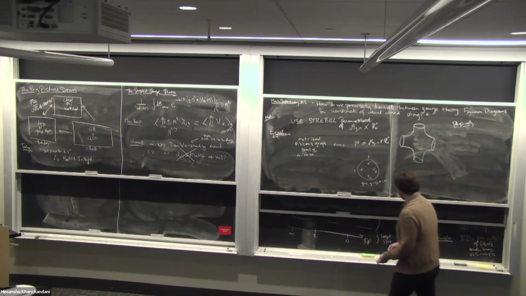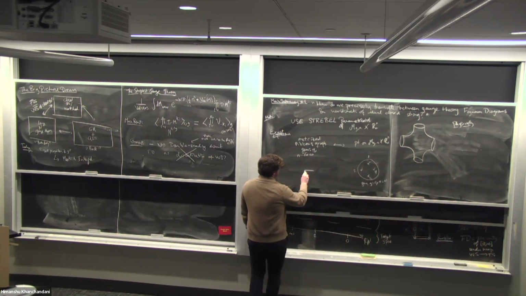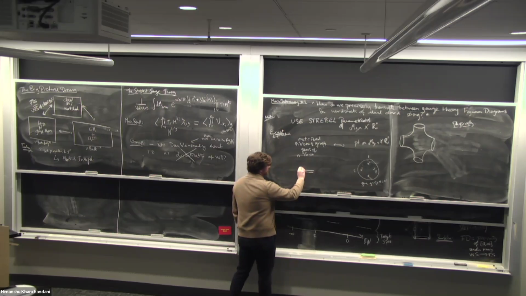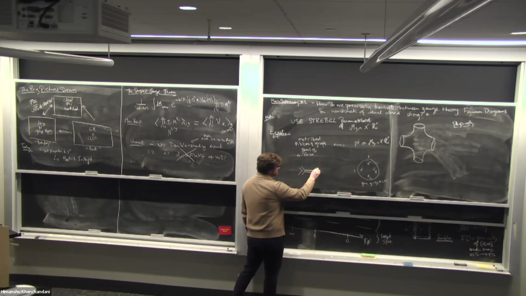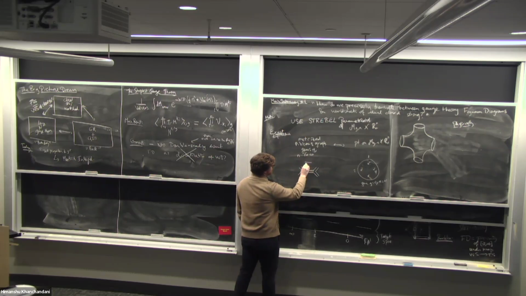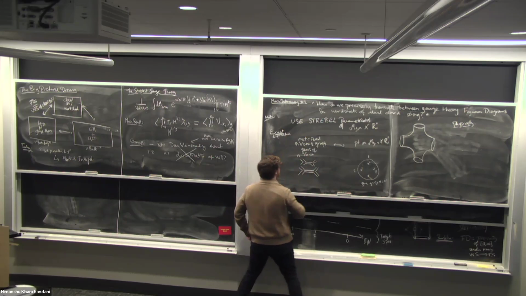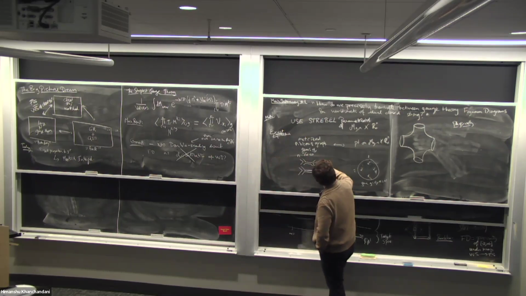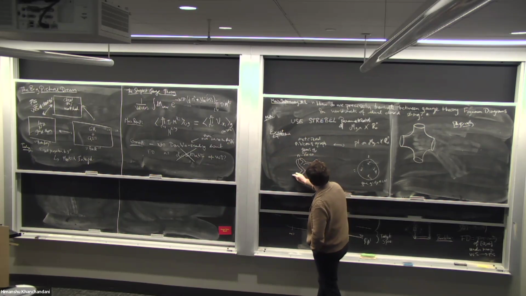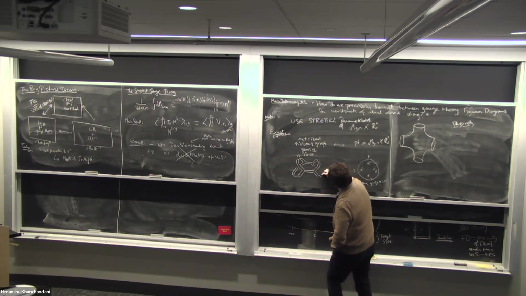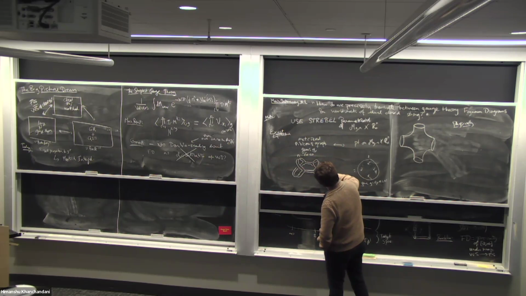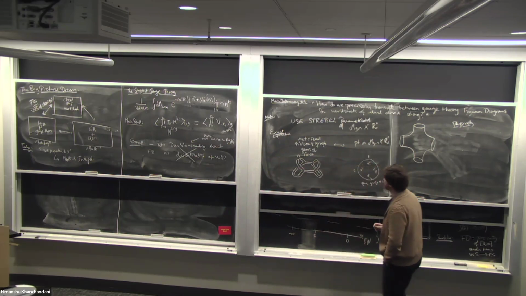So what are these graphs going to look like on this side? Okay. So these are going to be graphs that are built out of generically trivalent vertices. And they'll look something like this. Okay, great.